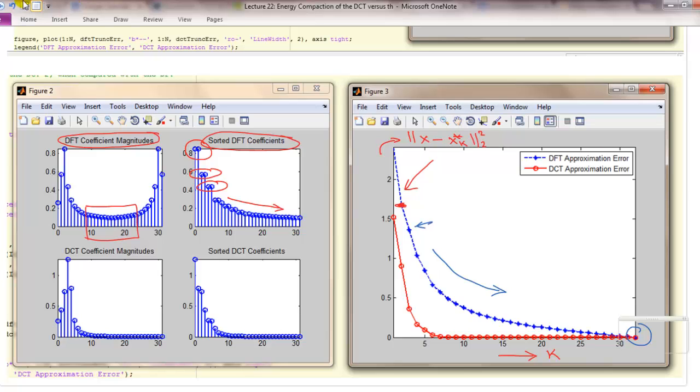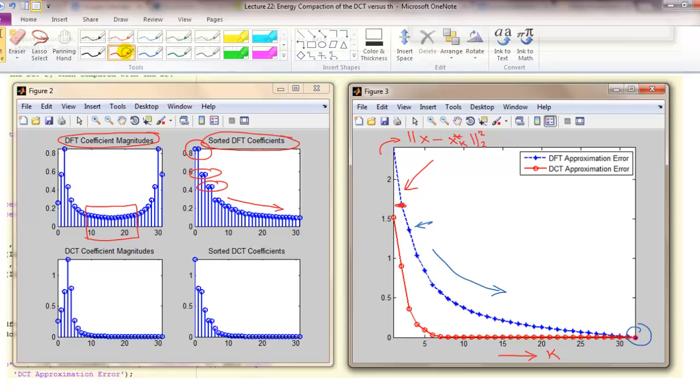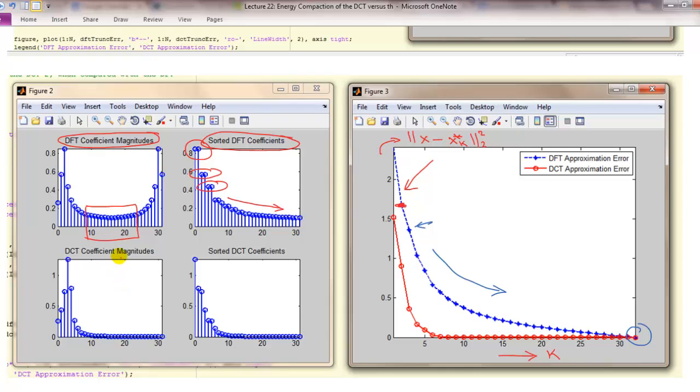Now let's take a look at the same signal but using the discrete cosine transform. These are the magnitudes; I haven't put them in a sorted order. Okay, so the first coefficient is this one. It's a little small. It keeps on going big.